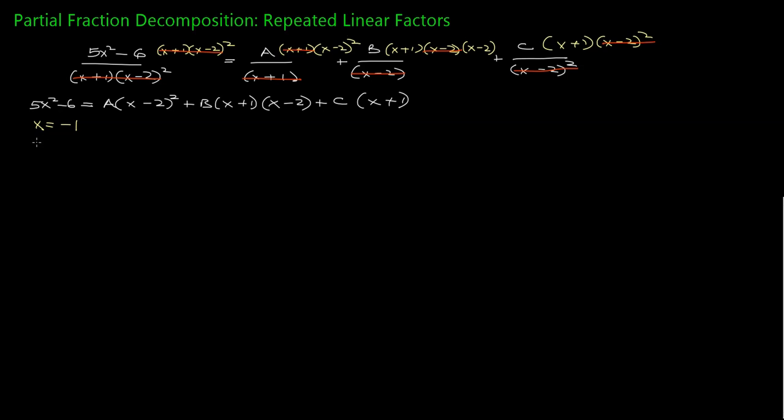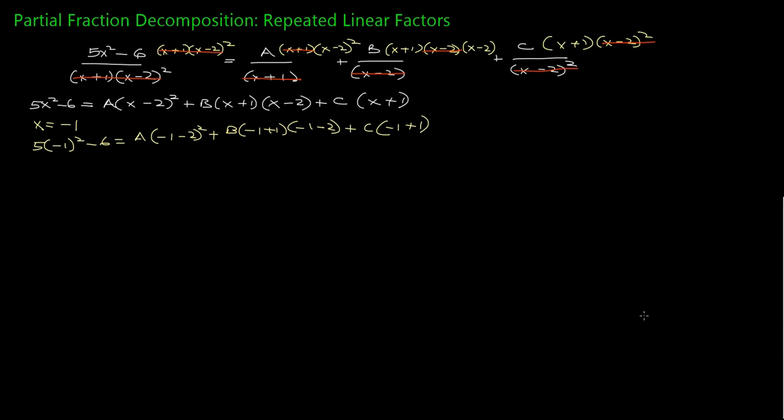So let's go ahead and do that. We have 5 in brackets -1 squared minus 6 is equal to a in brackets -1 minus 2 squared plus b in brackets -1 plus 1, of course that will go, -1 minus 2, plus c in brackets -1 plus 1.